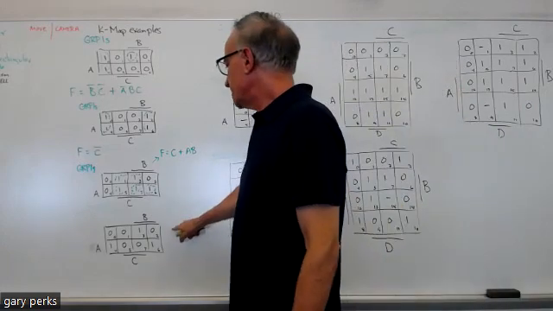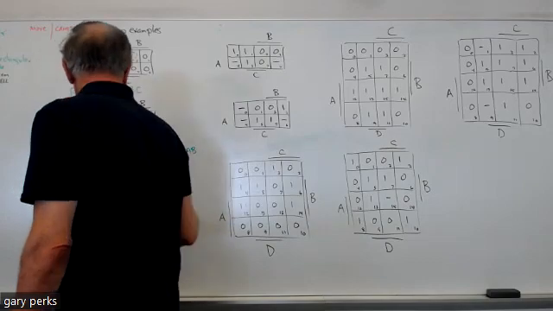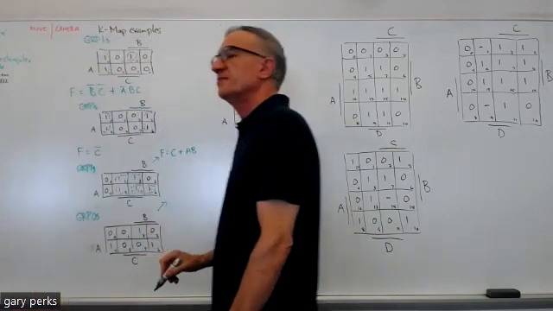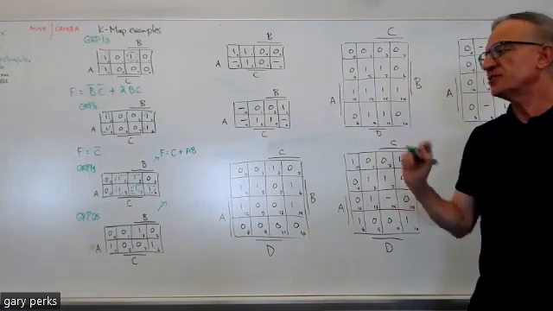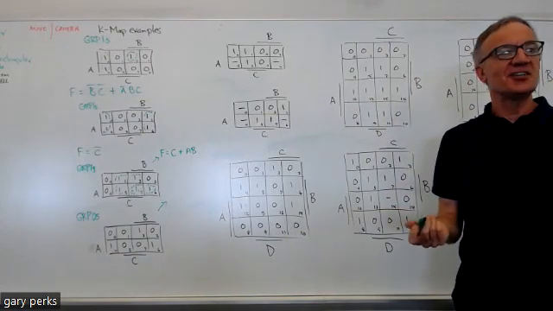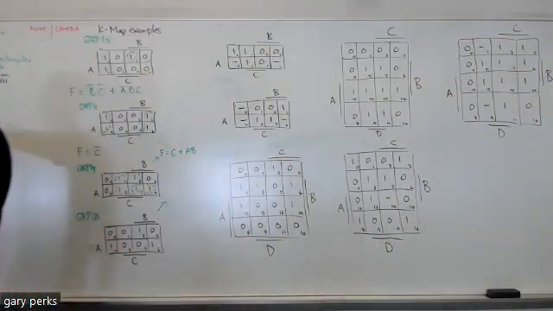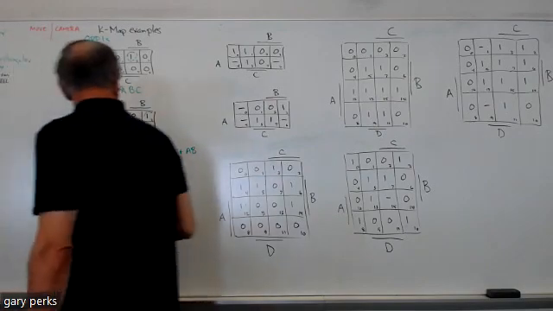All right, let's do this one here, and this time let's group zeros. And since I'm grouping zeros, what is my equation going to be? Instead of F, it's going to be, since I'm grouping zeros, when you look at zeros in a truth table, it's going to be not F, F not.